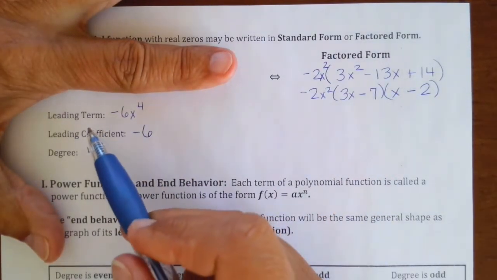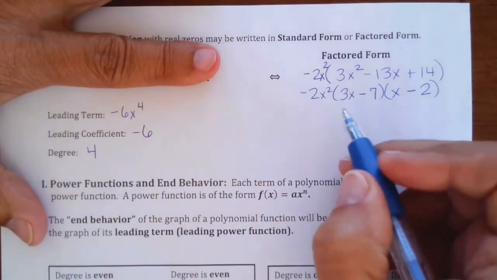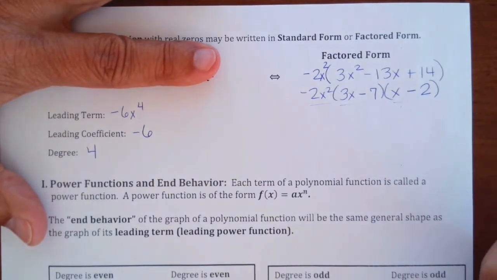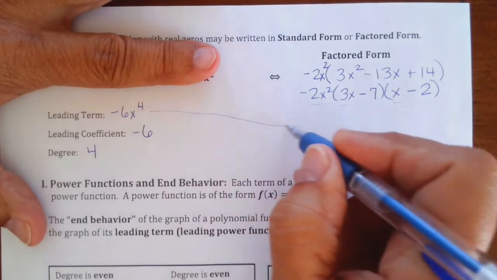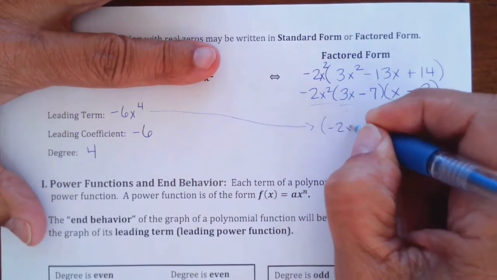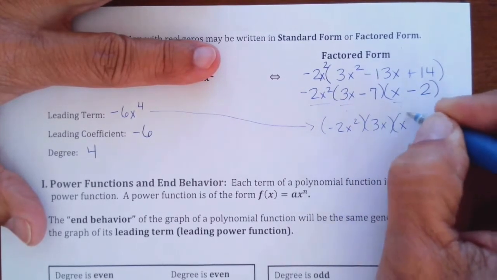So when you're asked about the leading term and it's in factored form, you would take the first piece of each factor and multiply them together. So if I wanted to find the leading term over here, I would take negative 2x squared, multiply it by 3x, and I would also multiply by x.